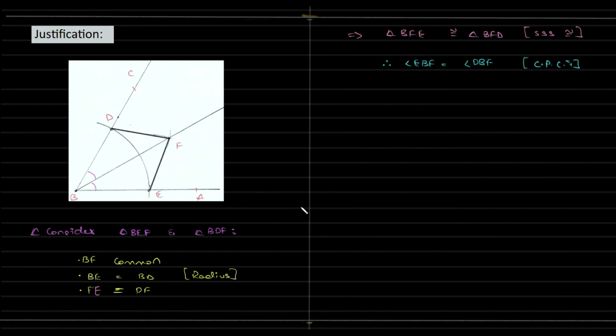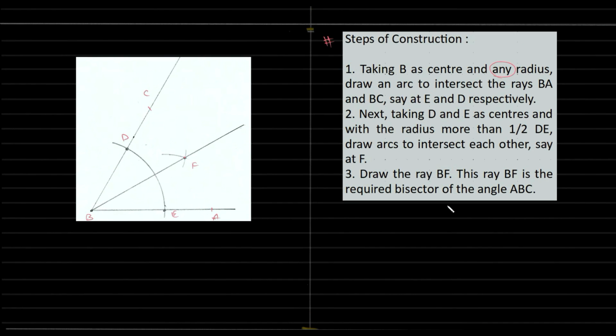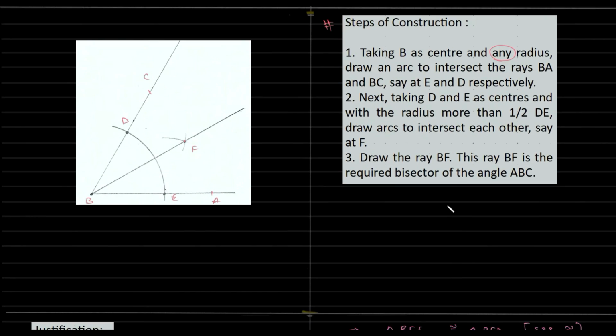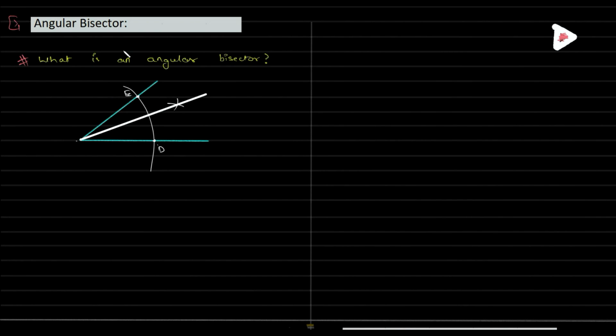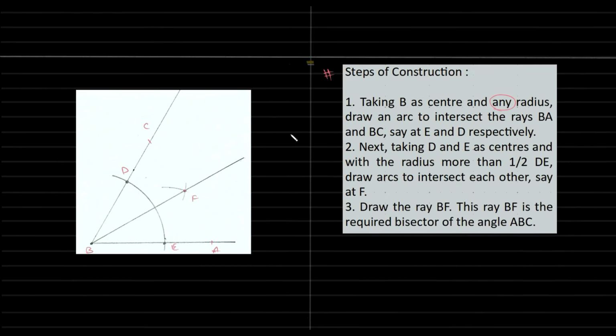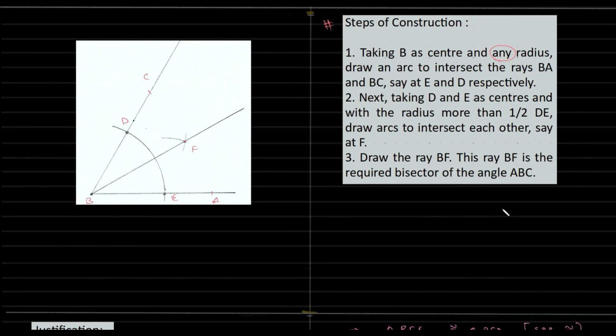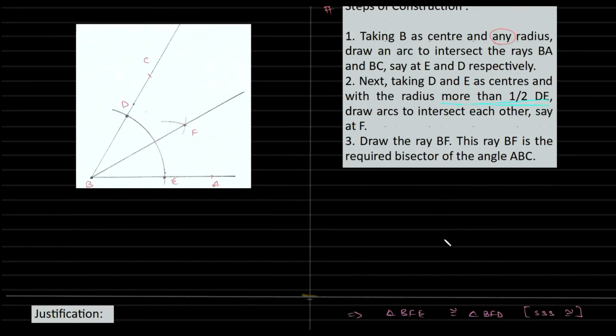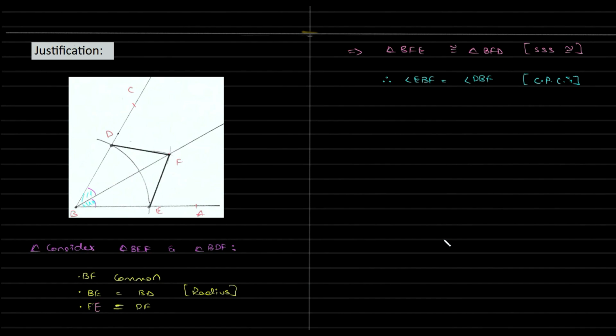Okay, so this is how we can verify that these two angles are the same measurement. So please, this part you guys have to write down. Heading is angular bisectors. Then this is your step of construction. And this is your justification.